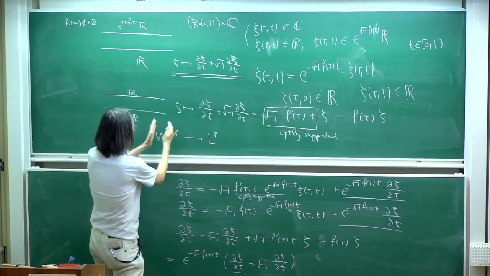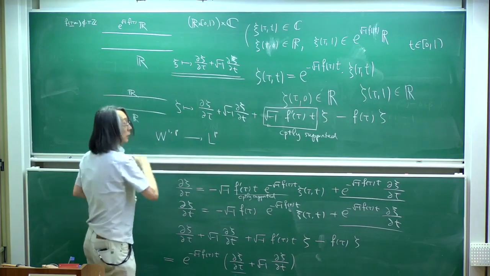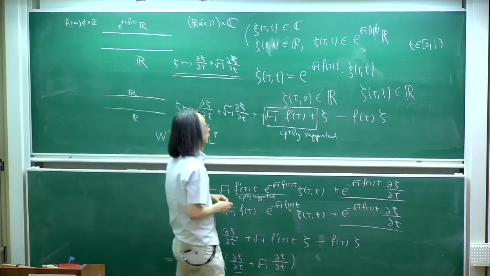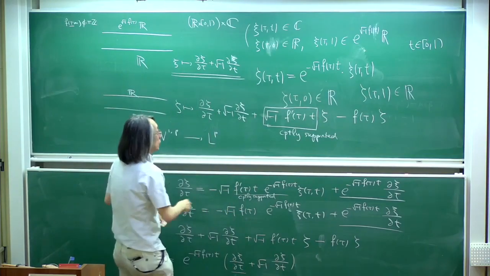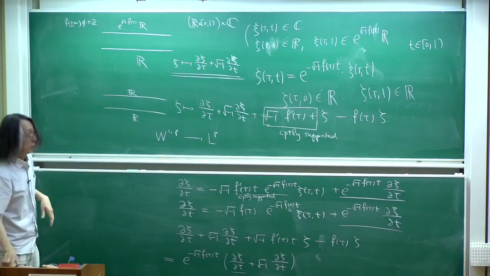So therefore, in the compact portion, this one is a compact embedding, right? By the Rellich-Kondrachov theorem.